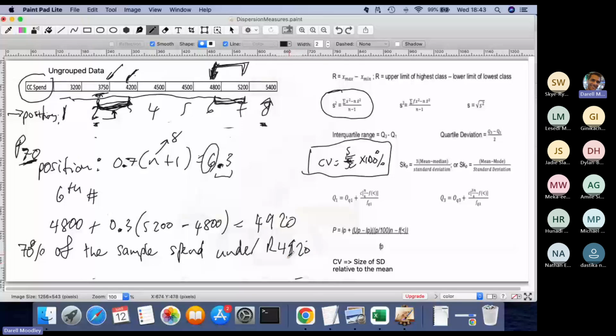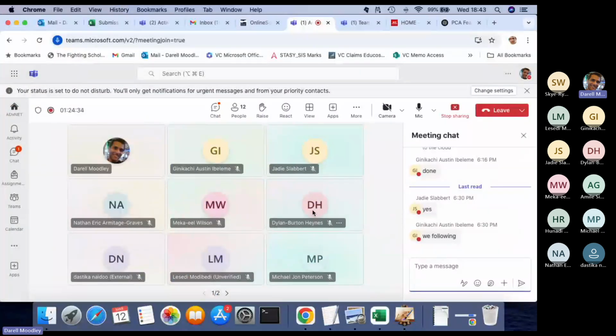Always interpret it in terms of the problem. We're talking about credit card spending, so you interpret it in terms of credit card spending. All good? Everyone okay? I'm going to assume that's a yes.